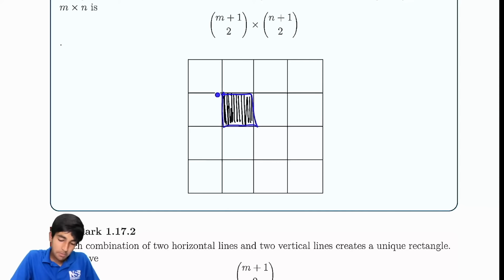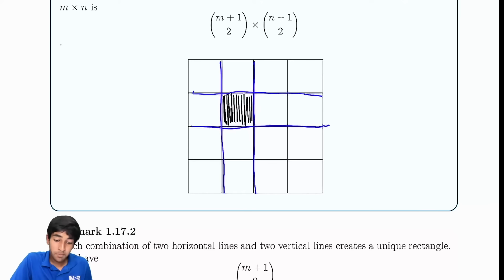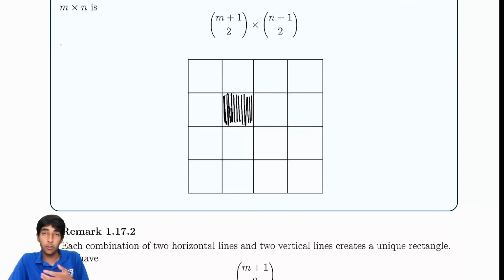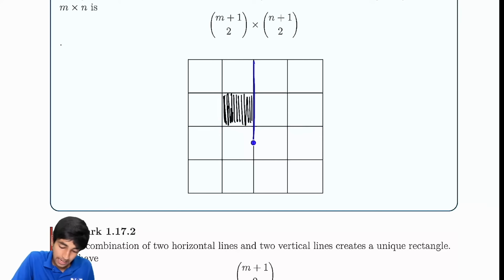So how do we find the number of rectangles with this square? You just realize the same logic, that our vertical and horizontal line logic. This time, we have fewer choices for our vertical lines that include the black square. The second vertical line can be here, here, or here. The first vertical line can be here or here. So instead of 5 choose 2, it's just 3 times 2 choices for the vertical lines.